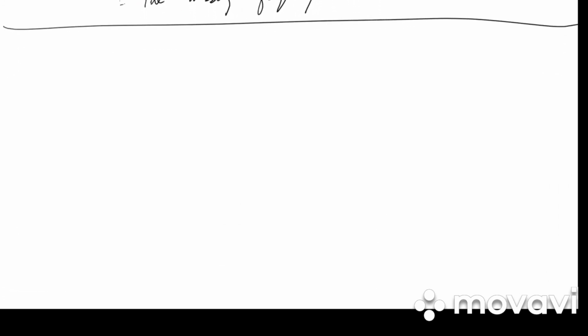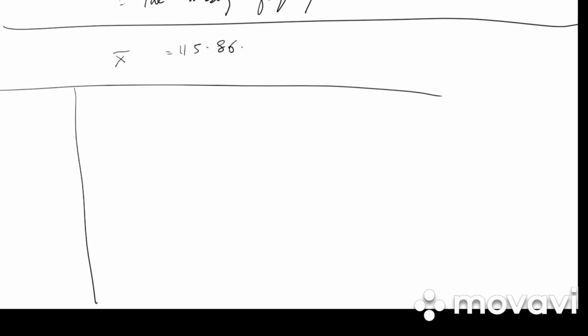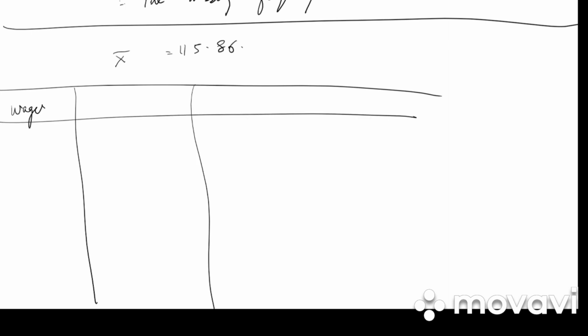Take down one more illustration where there is a value which is missing. So write down, if the arithmetic mean of the series is 115.86, find the missing value. They have given us wages and frequencies. So wages is X, number of workers is frequency.